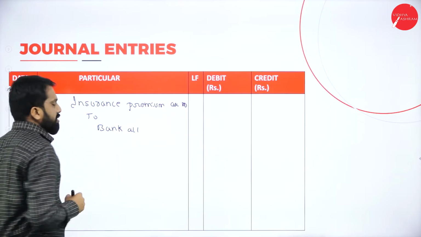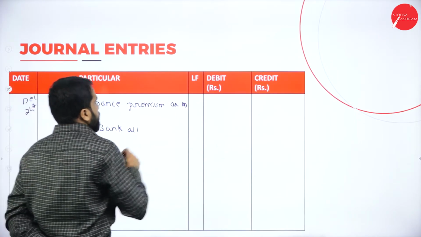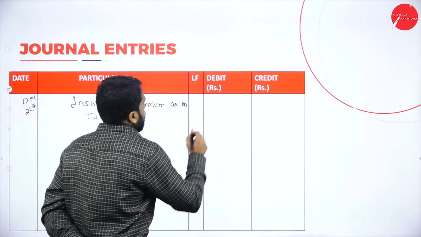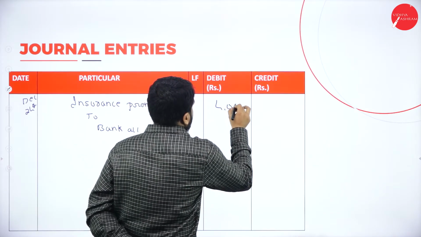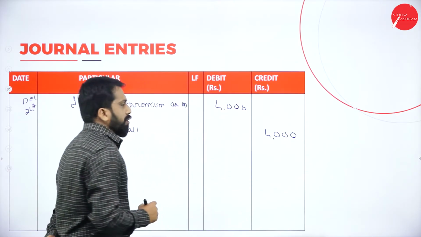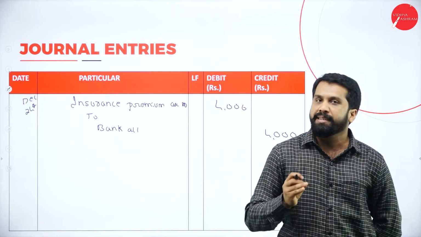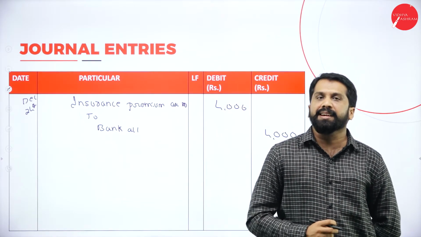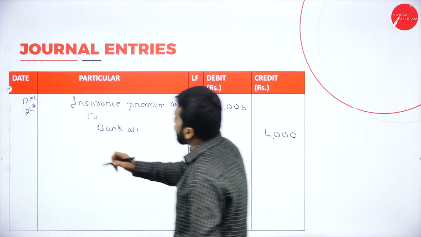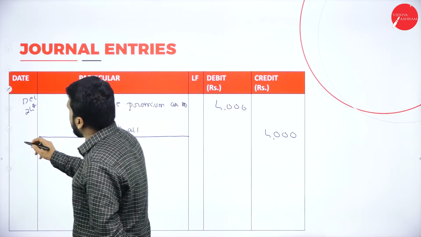Why is it bank? Because we have used the word check. That's why it is bank. So how much is it? Your amount is 4000. 4000 and 4000. What will be your narration? Being insurance premium paid by check. That will be your narration. Now, this is also done. Now, we'll come back to your next one.